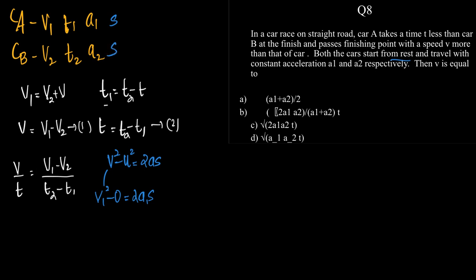For car B, v2 squared is equal to 2 into a2 into s. So v1 is root of 2a1s and v2 is equal to root of 2a2s. So we have found the values of v1 and v2.